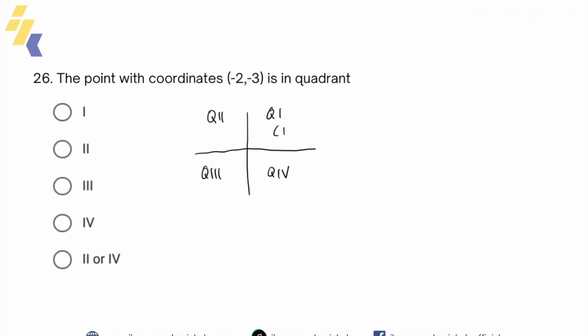Now, quadrant 1 is positive, positive, because we have positive x and positive y, while quadrant 2 is negative x and positive y, quadrant 3 is negative x and negative y, while quadrant 4 is positive x and negative y. Now we have -2, -3, both negative. So quadrant 3 is their location, and this is the correct answer.